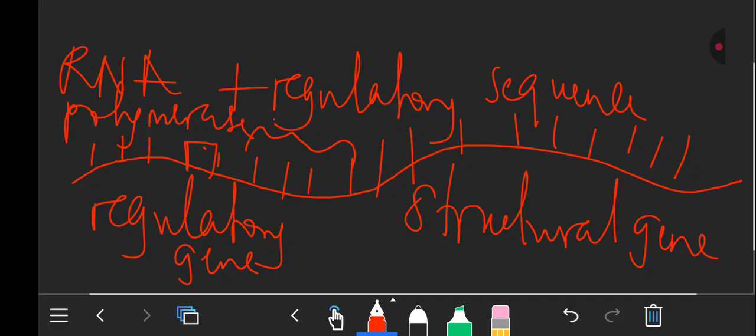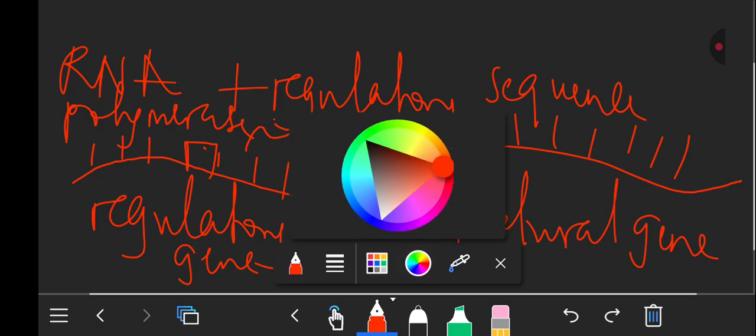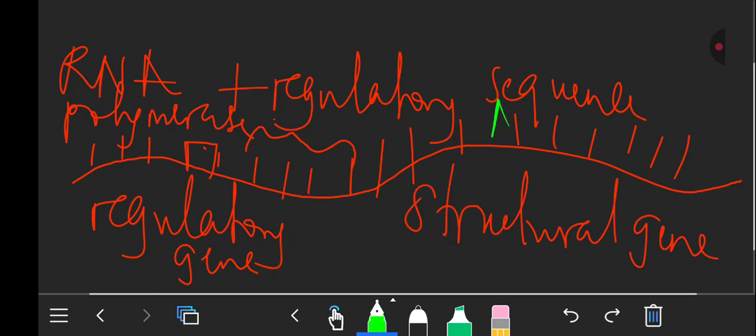And after it binds, let's say you have a certain portion there, A, and another portion there, B. Let's say A and B are genes. When RNA polymerase binds to what is known as the regulatory sequence, it is now able to transcribe.